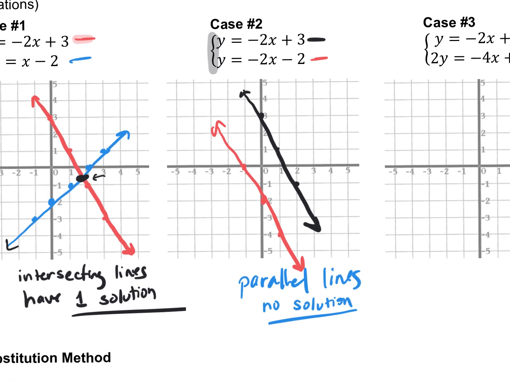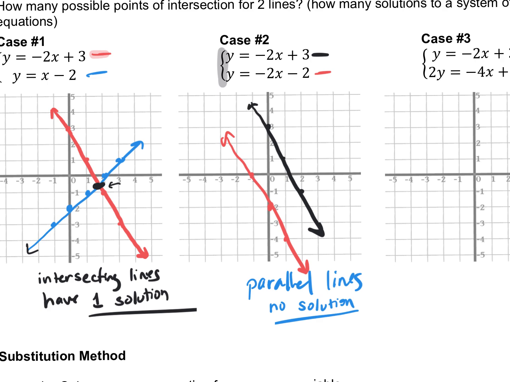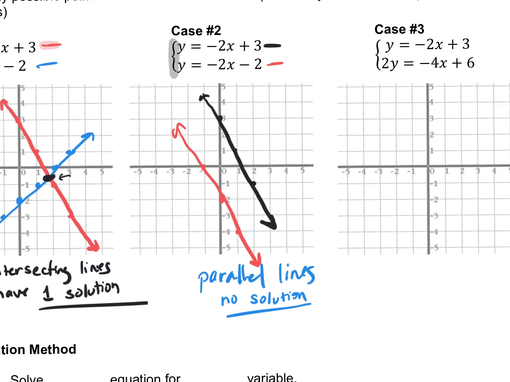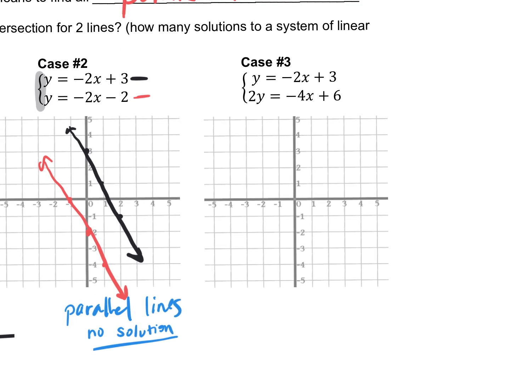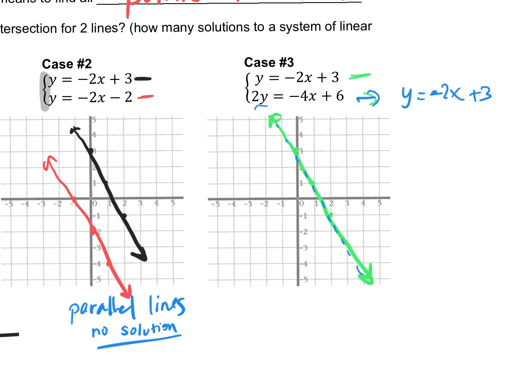They'll never intersect. And so this last one over here, case 3. What I did is I solved the second equation for y to graph it, and it comes out to be exactly the same as this one. And so I kind of dashed it on there with the blue. So we have the exact same line.